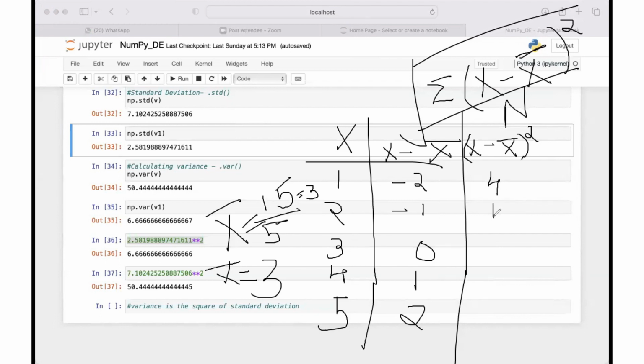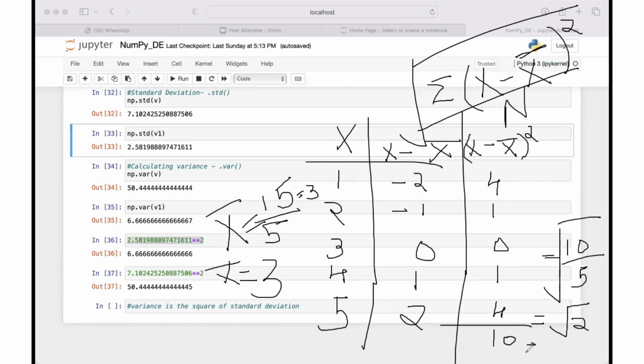Minus 2 square becomes 4, minus 1 square becomes 1, 0 square remains 0, 1 square becomes 1, 2 square becomes 4, and the summation is equal to 10. 4 plus 1 is 5, 5 plus 1 is 6, 6 plus 4 is 10. The total number of elements is 5, so 10 divided by 5, under root, is equal to under root 2. And under root 2 is equivalent to 1.414. So this is the standard deviation of x. That's how we calculate standard deviation.